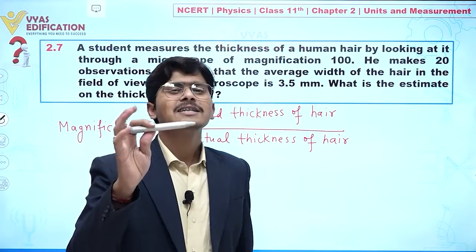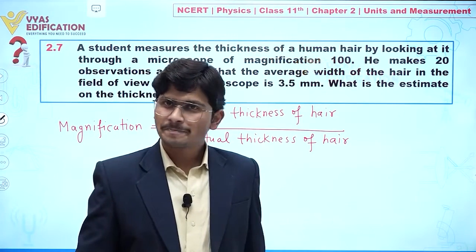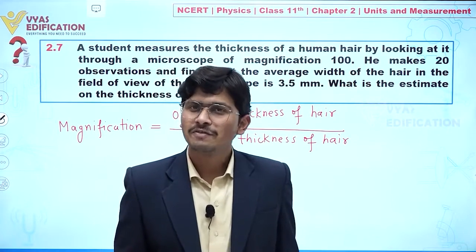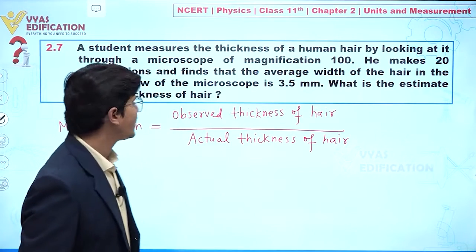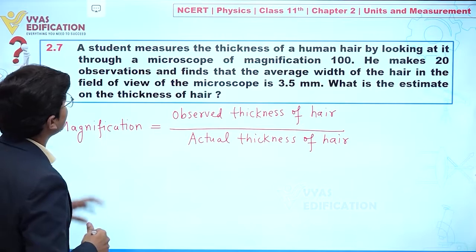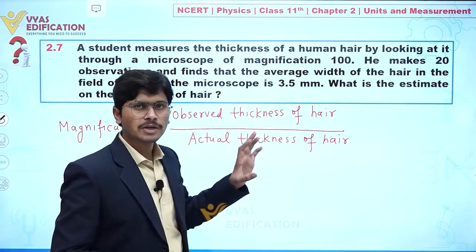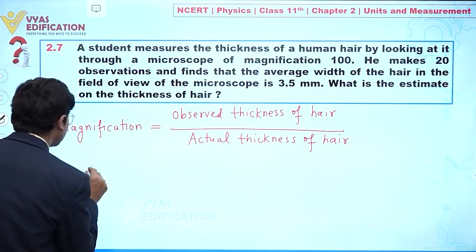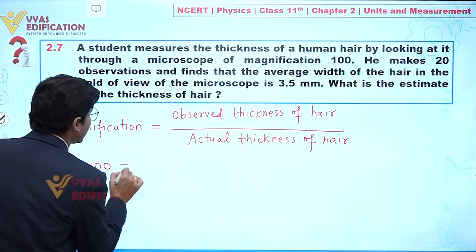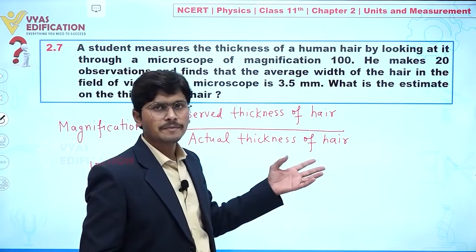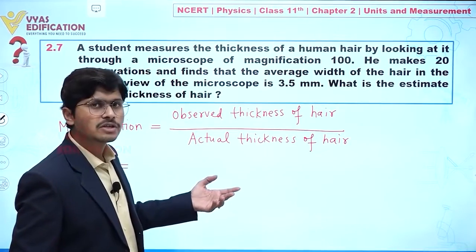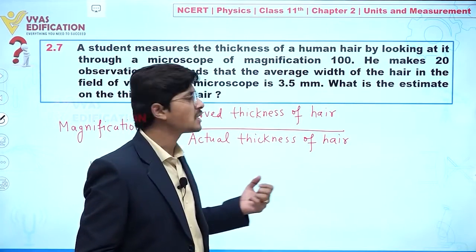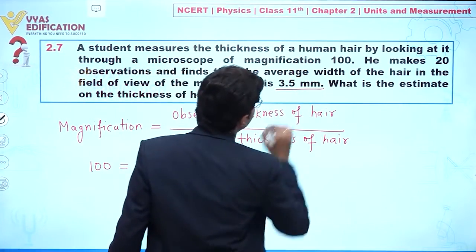Then 28 divided by 7 gives a magnification of 4. Similarly, in this question we are measuring the thickness of a human hair, the magnification is 100, and the observed thickness, the average over 20 observations, is 3.5 mm.